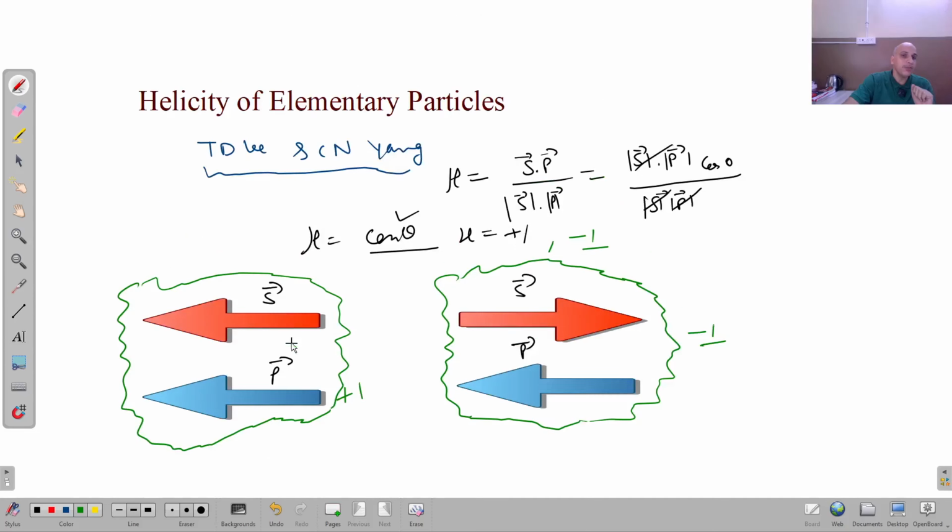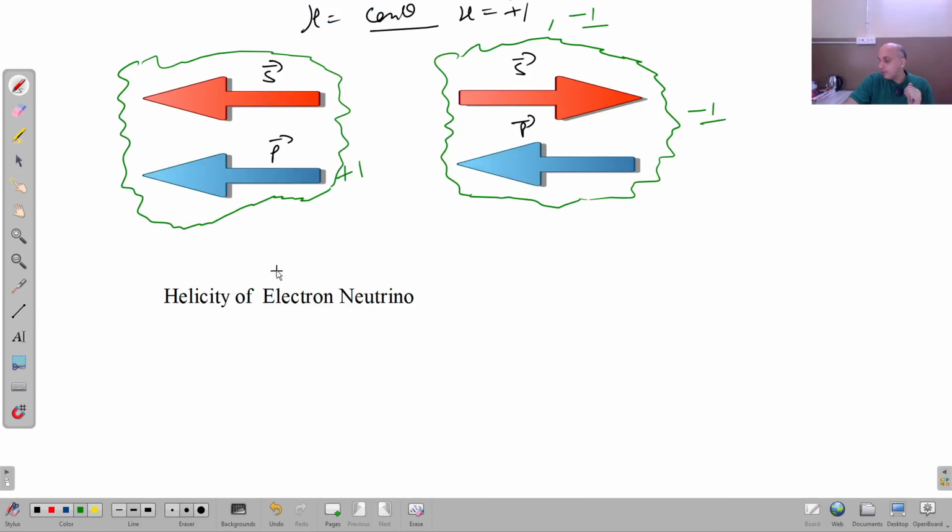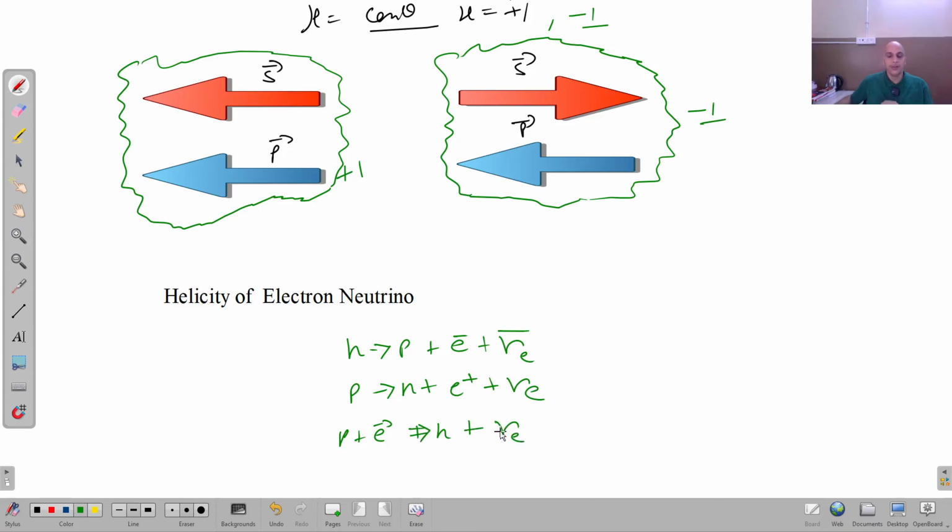It is very important because we are studying the helicity in beta decays, and we know very well what we get in beta decay reactions. We get a reaction in which either neutron converts into proton plus electron plus antineutrino, or proton converts into neutron plus positron plus neutrino, or proton plus electron gives neutron plus neutrino.